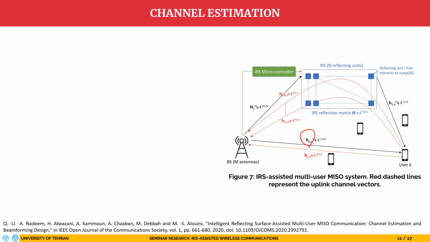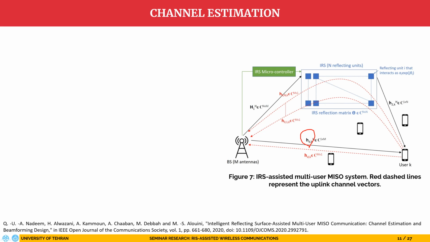The user K sends pilot signals, and the base station calculates the direct channel by simple and basic techniques such as least squares (LS) and MMSE. So the direct channel can be estimated here.